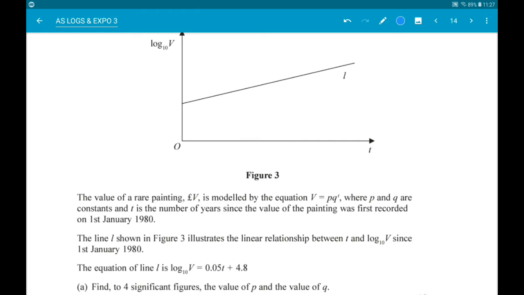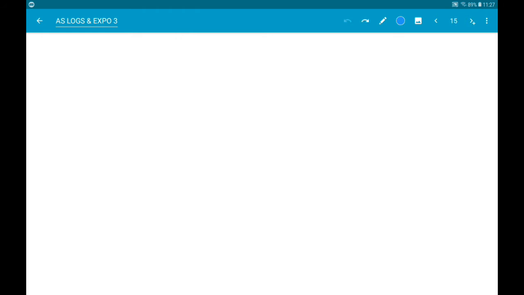Okay, so first up we need to turn the model into logs. So now we first take log base 10 of both sides.